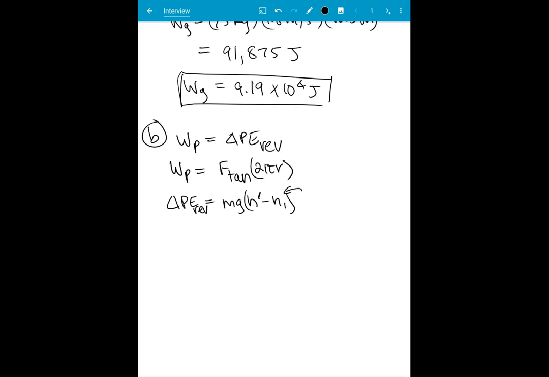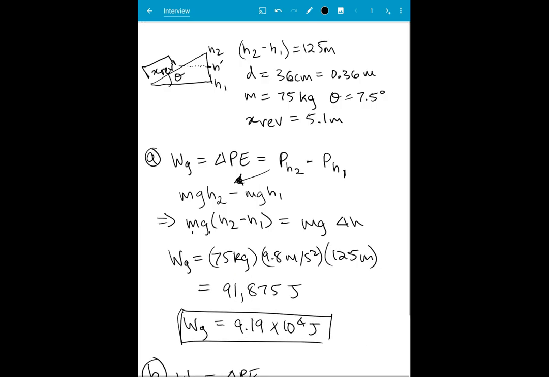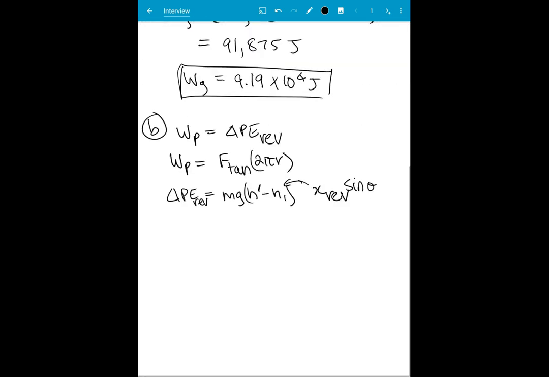But we know that this right here is going to be equal to x, the distance traveled in one revolution, multiplied by sine theta. That's just from the triangle. If we want to calculate this value right there, we need to multiply the x rev by sine theta.